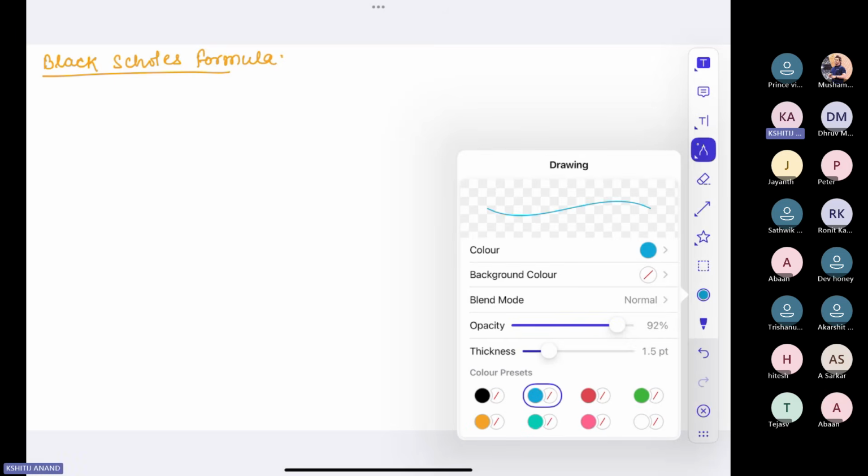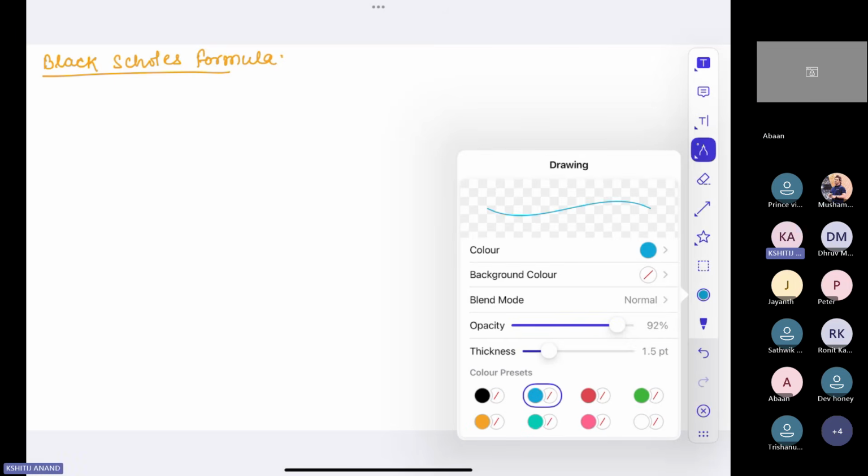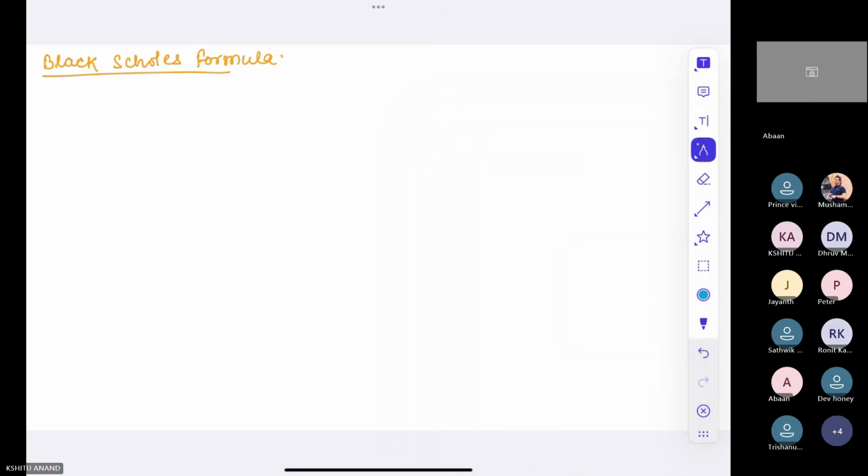Let's discuss the Black-Scholes formula. Okay. So now what is this Black-Scholes formula? You might have seen this particular formula everywhere.